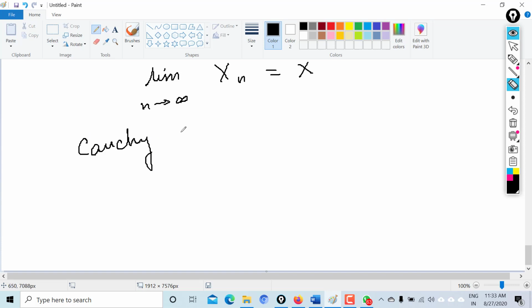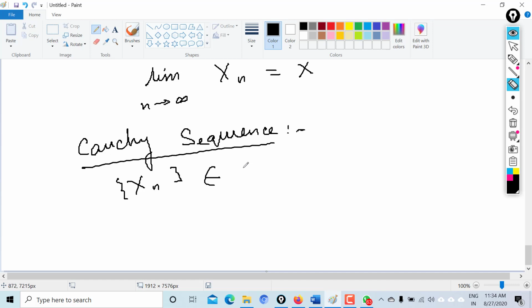A Cauchy sequence is actually for convergence: where and when a sequence will converge is defined, and a condition is given by Cauchy. The definition is that, suppose x_n is the given sequence and it is an element of R^n.